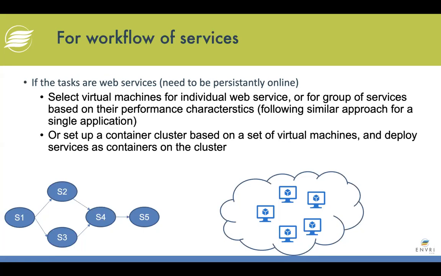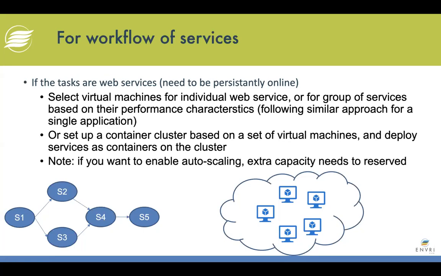In that way, the deployment of the workflow can be much easier. And remember, if the number of users of the service can be very big, be aware you always have to reserve a little bit of extra resource to make sure the cluster has extra capacity for auto scaling.